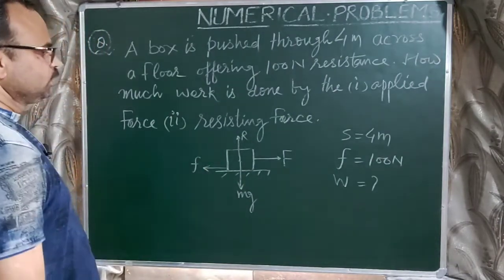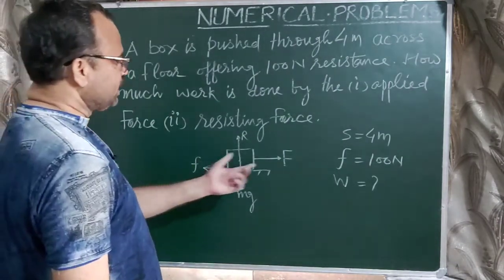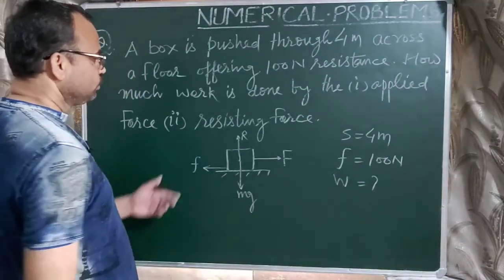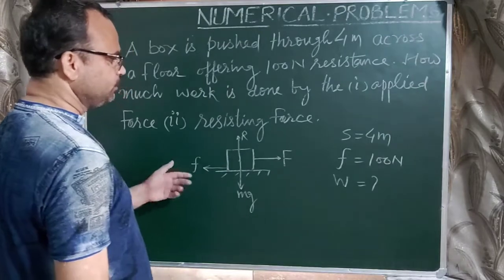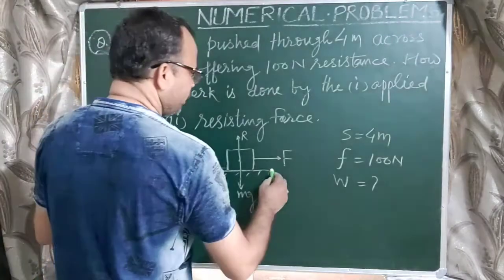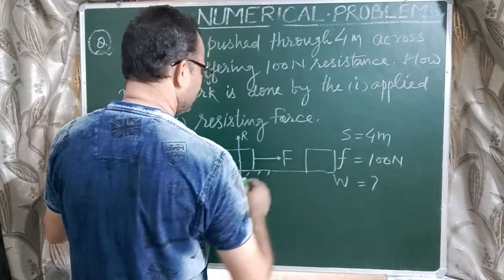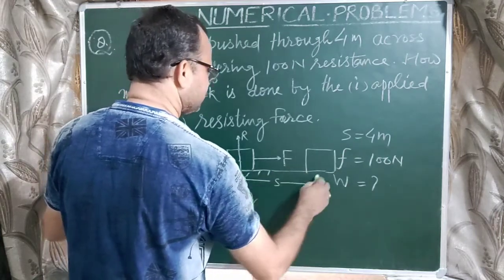For the body moving without acceleration, this applied force must be equal to frictional force. The body displaces in the direction of this force through distance S.